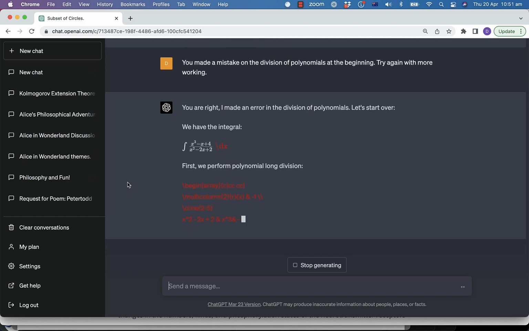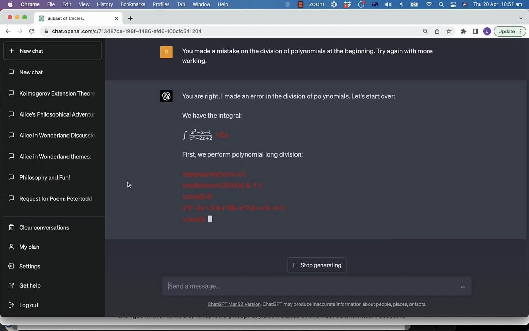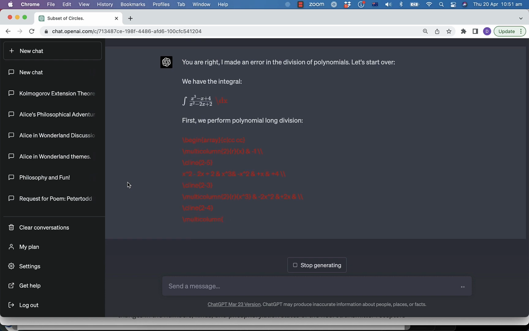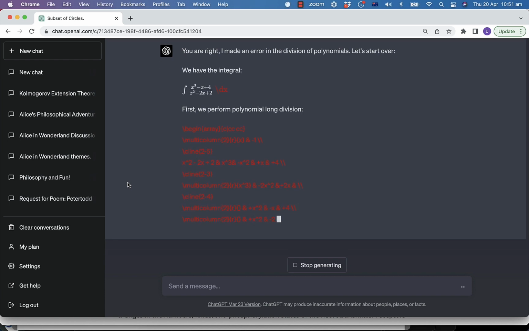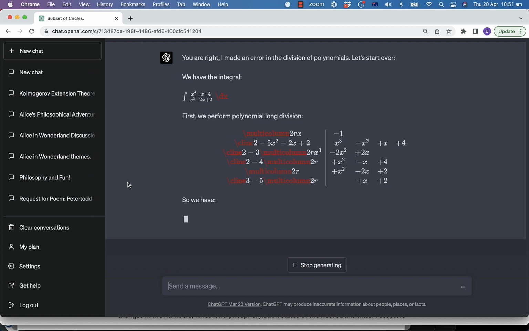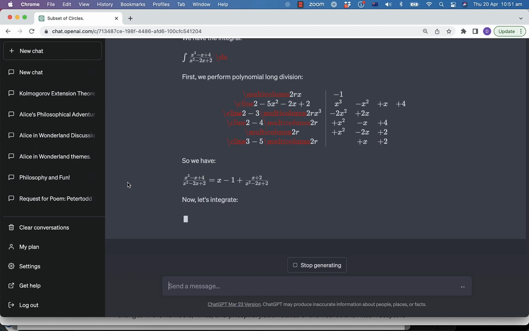All right. Let's do it. There we go. At least it's not doing that weird backslash business. It's using multiple. Oh, that's everything that tries this. You want to say, don't do it, man. Don't do long division.